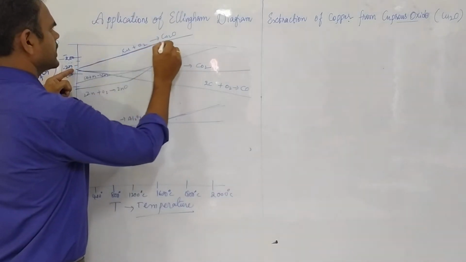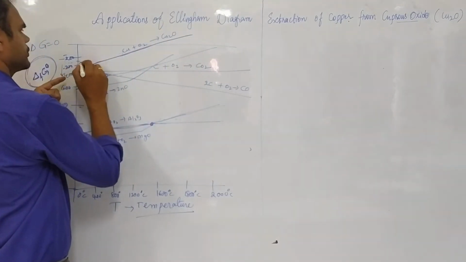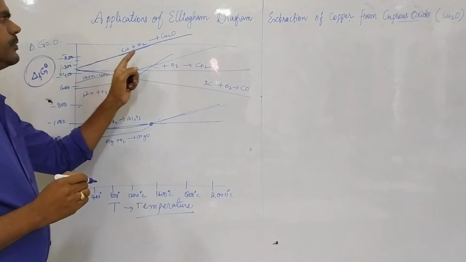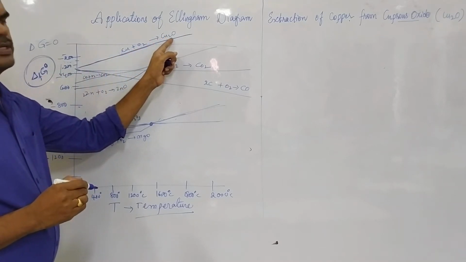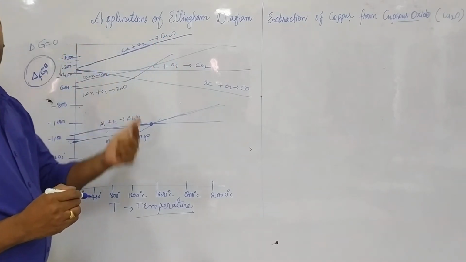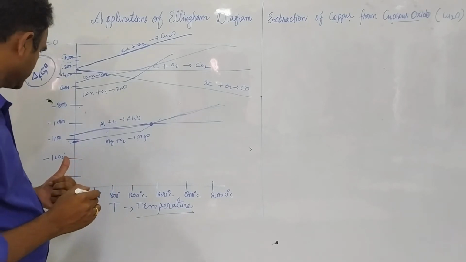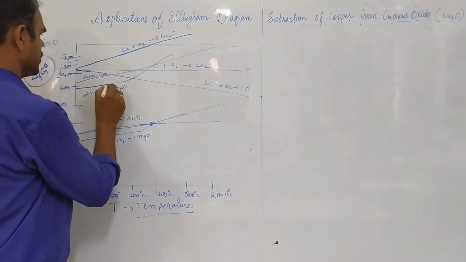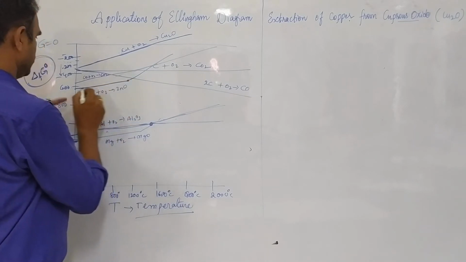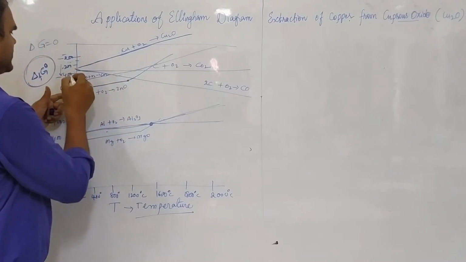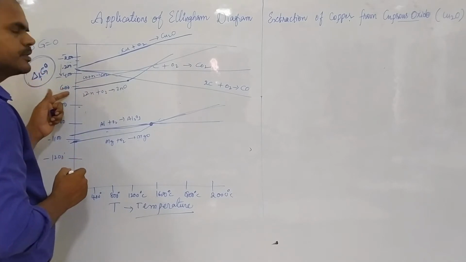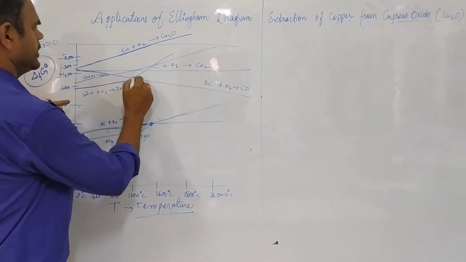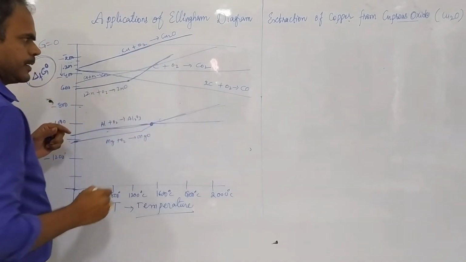The graph will go in a straight line, and here the delta G values for this cuprous oxide formation are towards positive. And if you look at the zinc oxide formation, the delta G free energy change is negative, and again it goes towards positive.